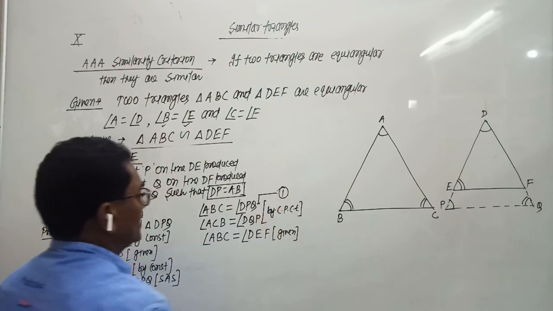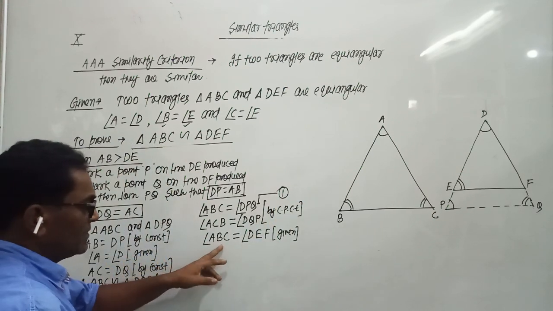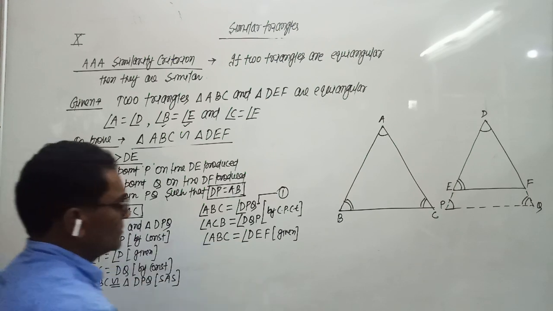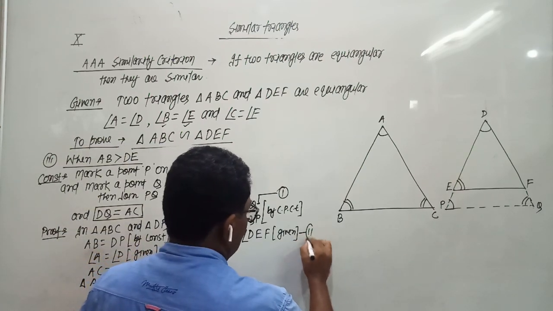So name it first equation, and angle ABC equals angle DEF, name it second equation.